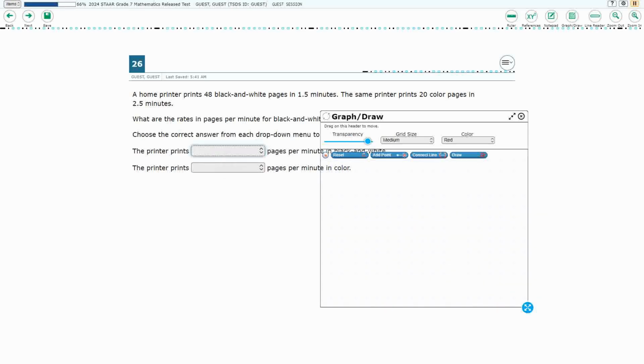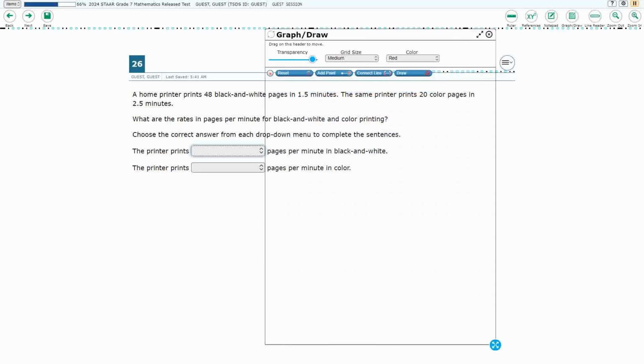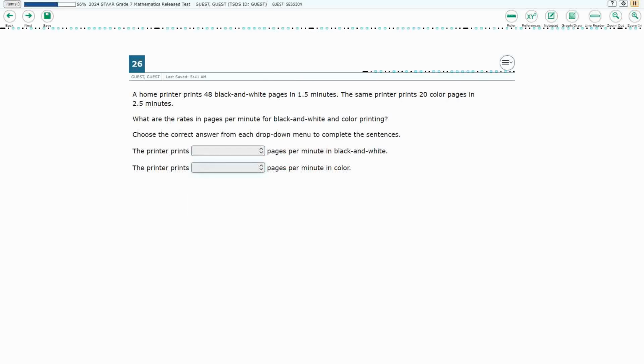Just for simplicity's sake, I want to go ahead and grab the answer choices here. So this first one is going to be 16, 24, and 32. I'm just going to write that down. And then the second one, let's see what that's going to be, just so I don't have to keep going back and forth.